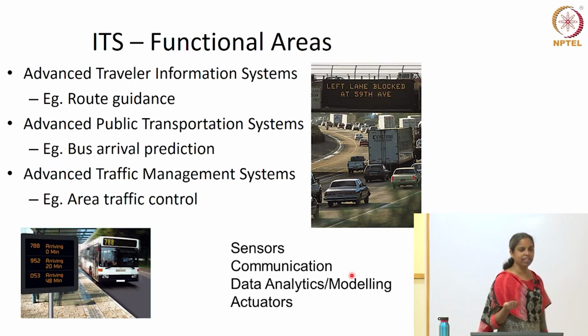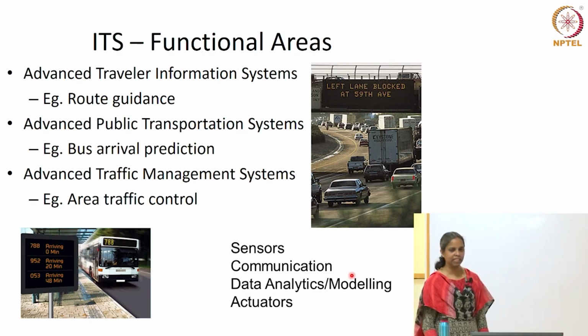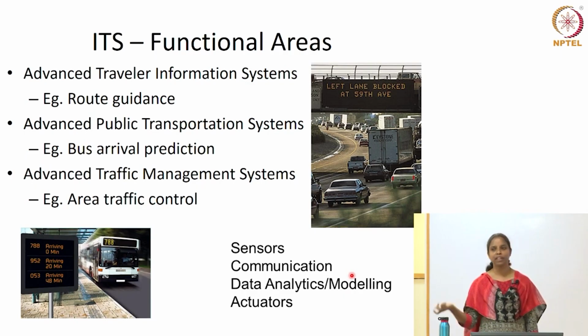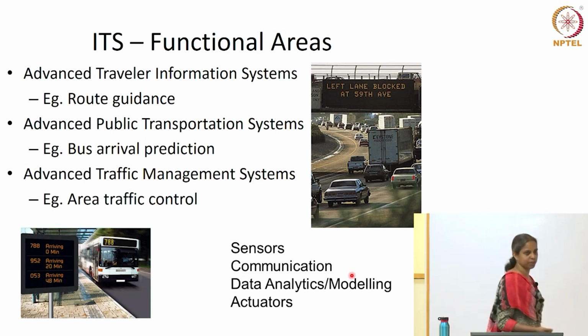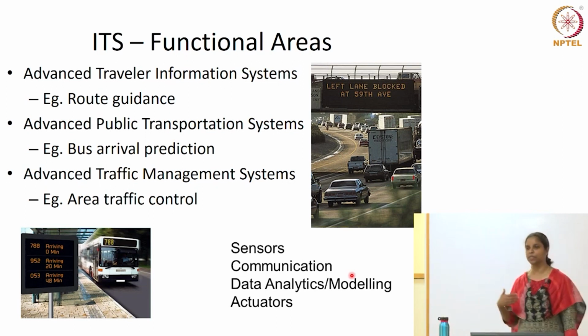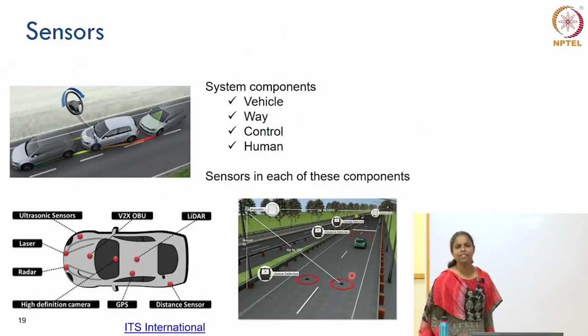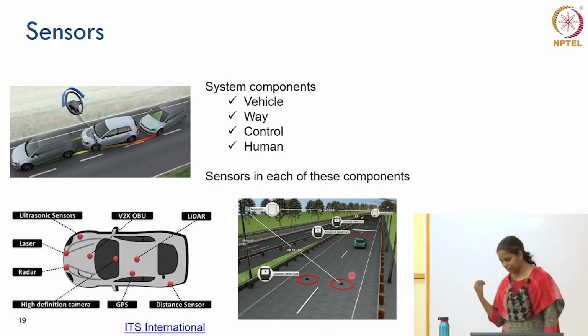So if you look at any ITS implementation, the four major components are sensing the data, communicating the information, processing the information, and then deciding what to do, or actuators which will give back this information to you. So this needs a lot of sensors, obviously, right? The sensors can be at different places.